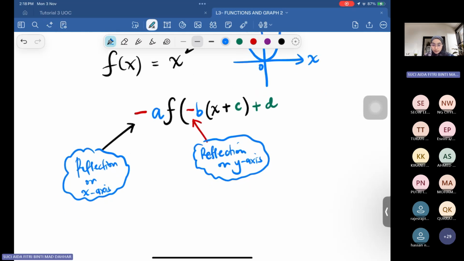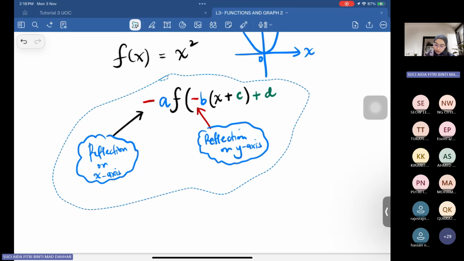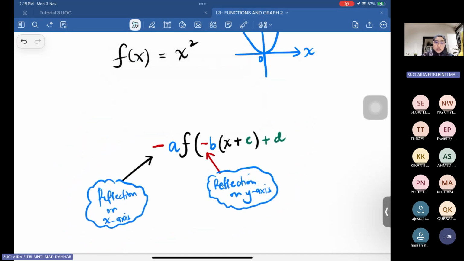And then next, this is the general form. Later we will apply this to all the functions that we have.